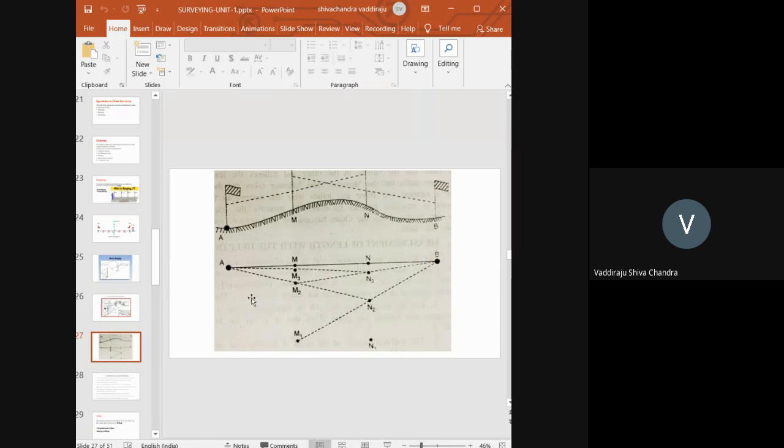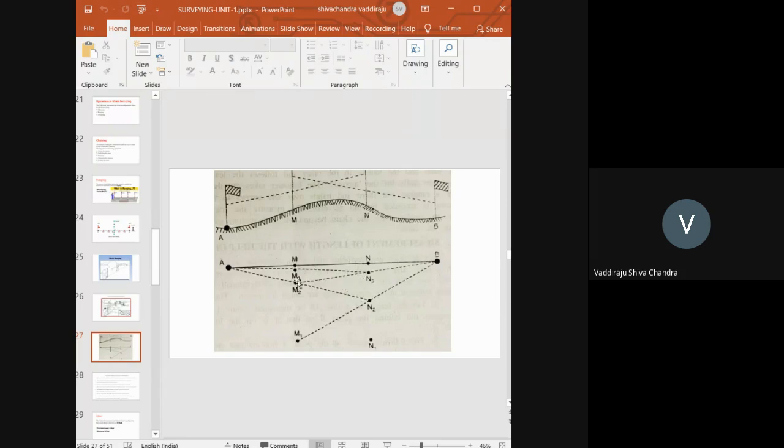Then the person standing at A and N2 will instruct the person at M1 to move further, so that A, M2 and N2 are in line. He is moving from this position to this position now. These three are in line. Then again, this person and the person at B will instruct N2 to move further, so that M2, N3 and B are in line. Similarly, the M3 position will be identified.